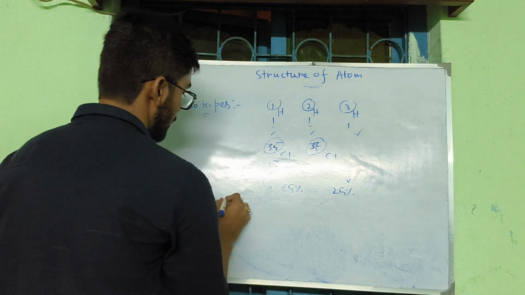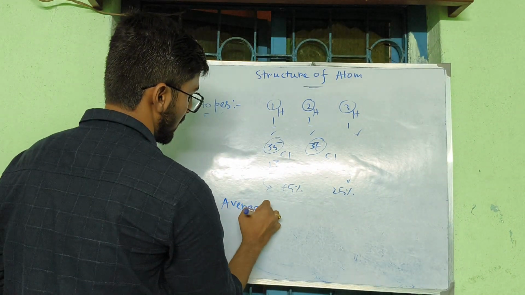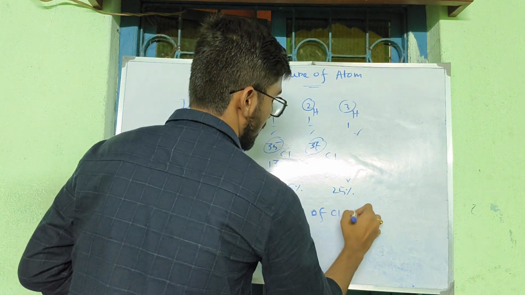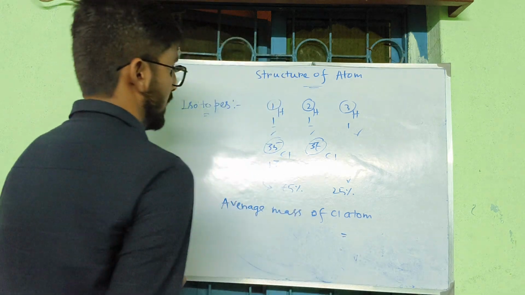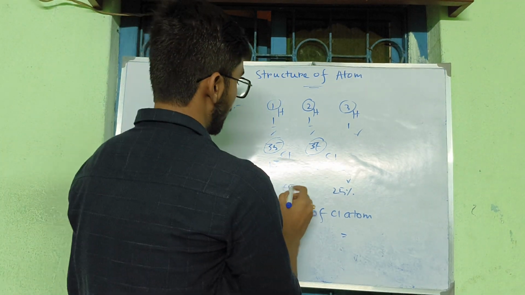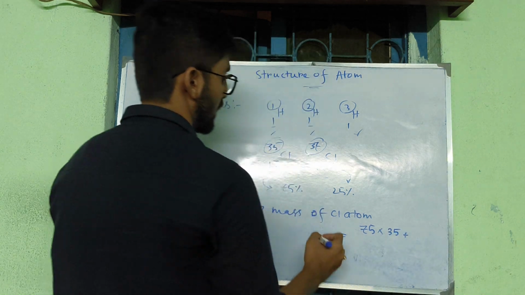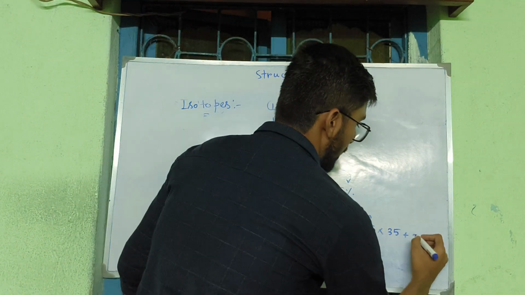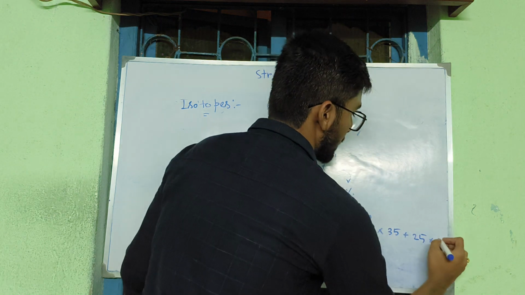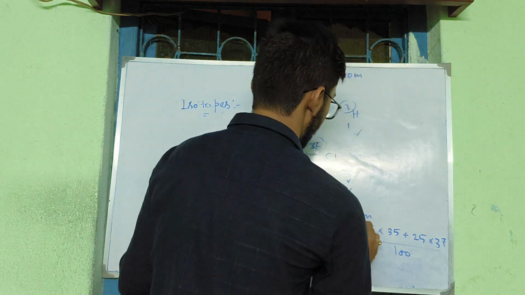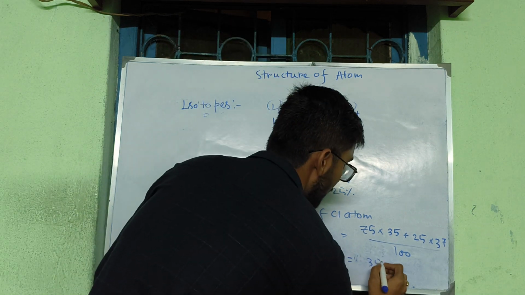So its average mass will be 75 times 35 plus 25 times 37, divided by the total 100, that is 35.5 u.